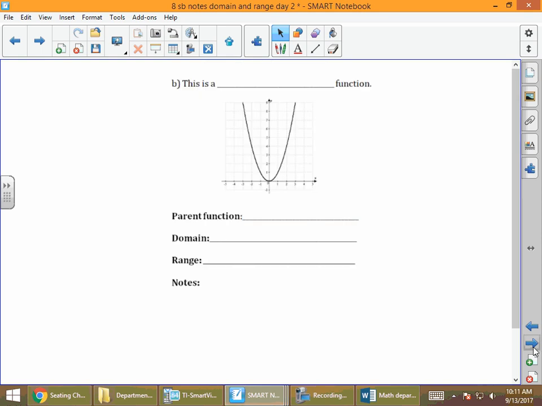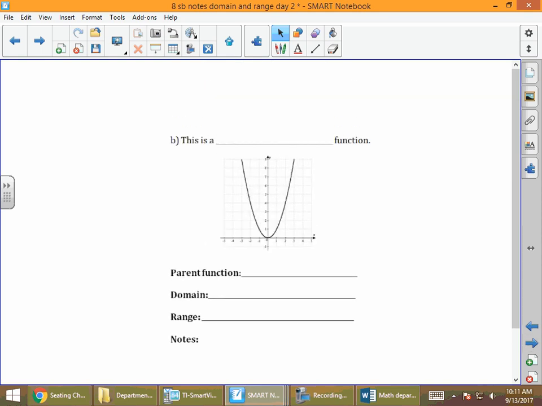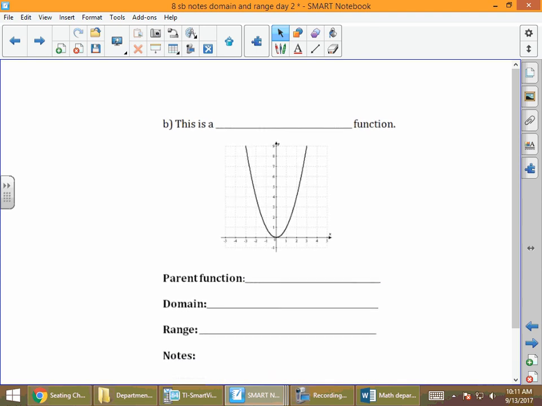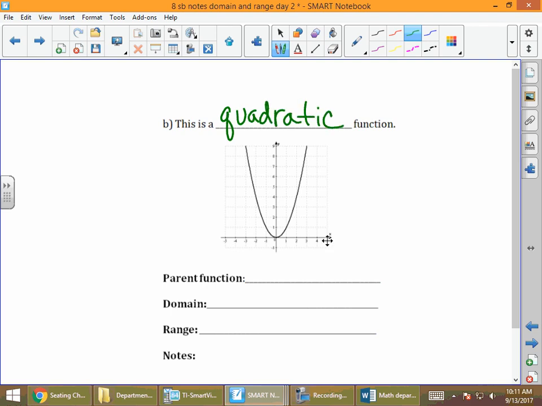Our next function, we also happened to see something like this yesterday. And this kind of function, we called it a parabola yesterday, but it's also more specifically called the quadratic function. We will spend a whole unit on quadratics sometime this school year. But a parent function, that's the most basic of the functions.